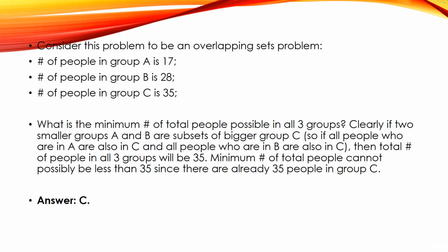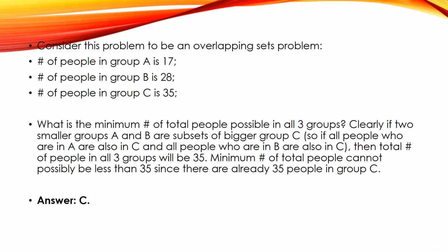Clearly, if the 2 smaller groups A and B are subsets of bigger group C, so if all people who are in A are also in C and all people who are in B are also in C, then the total number of people in all 3 groups will be 35. The minimum number of total people cannot possibly be less than 35 since there are already 35 people in group C.